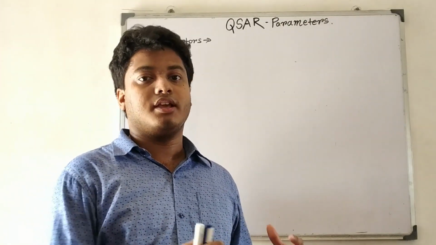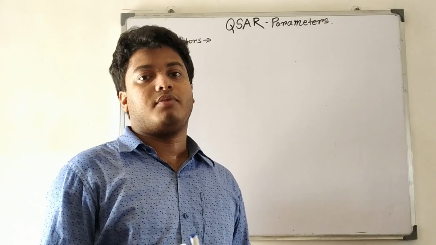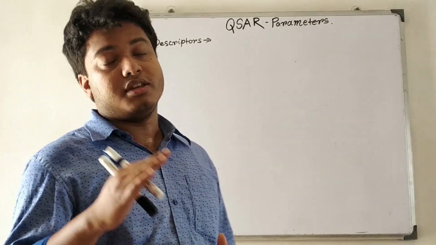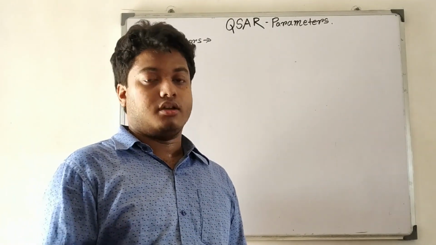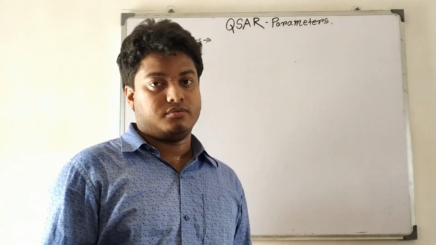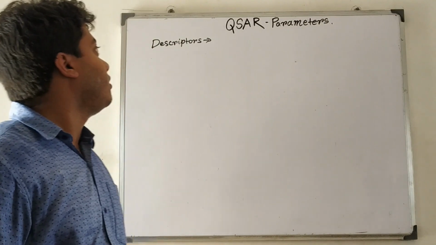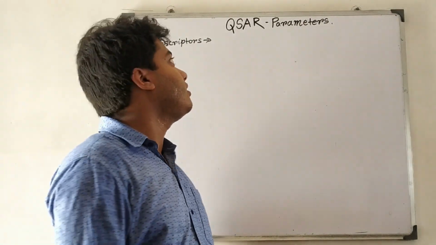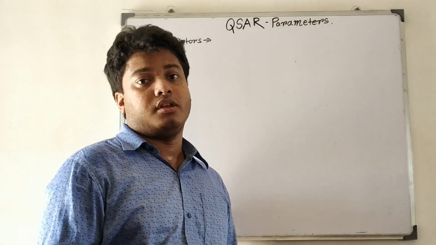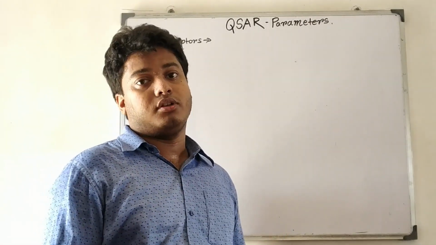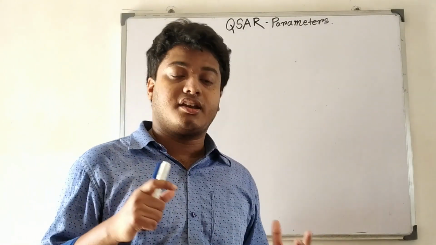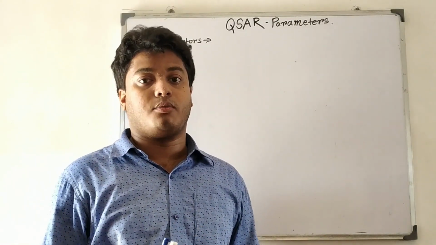So today in this lecture we will discuss very descriptively about each and every parameter that we discussed in the previous lecture. So today we will discuss descriptors. What are descriptors? Descriptors are generally mathematically or experimentally found, and link the characterization of structure with biological property.